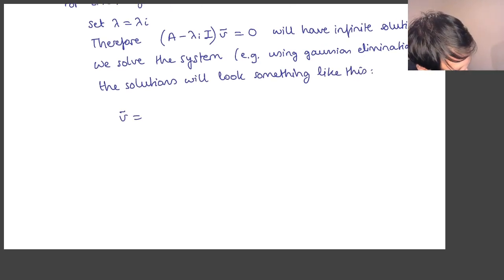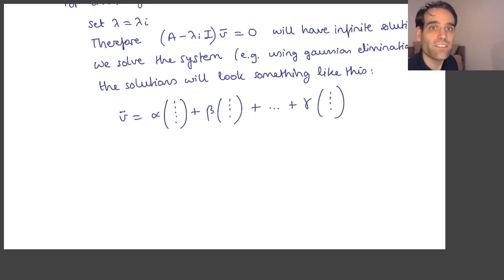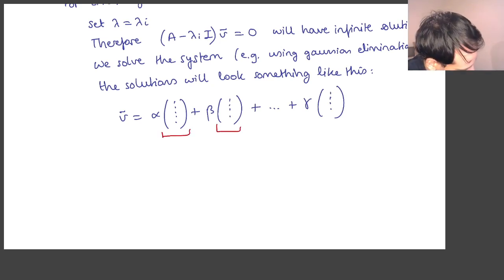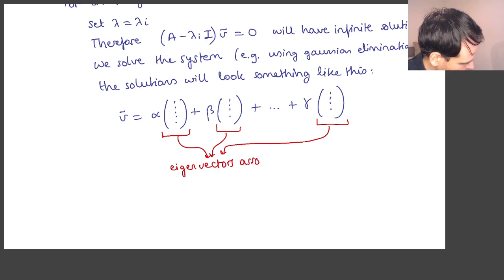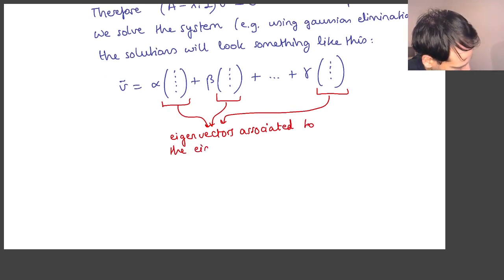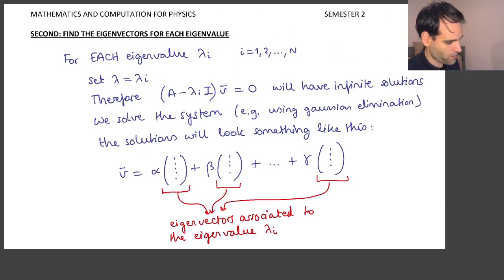V equals alpha times a vector plus beta times a vector plus dot dot dot gamma times a vector. And these vectors here will be the eigenvectors associated to the eigenvalue lambda I. Okay, so that will have been for lambda 1.